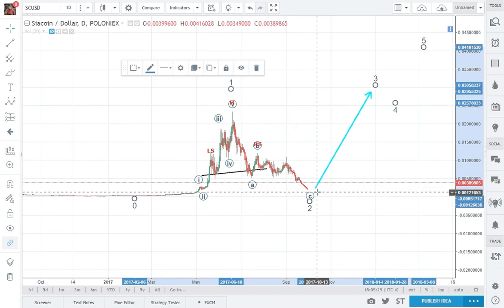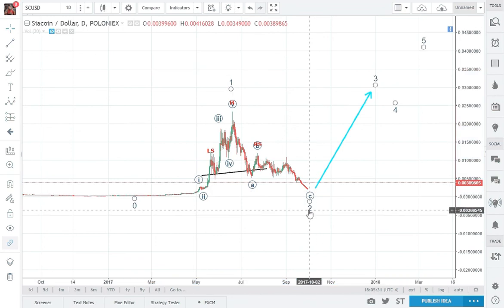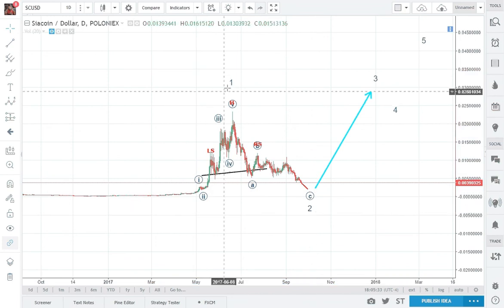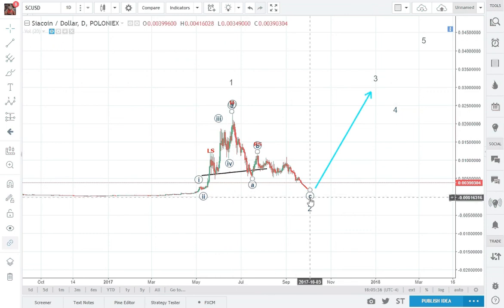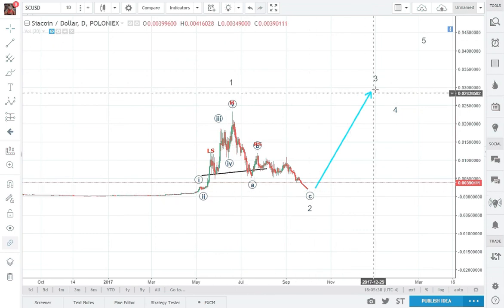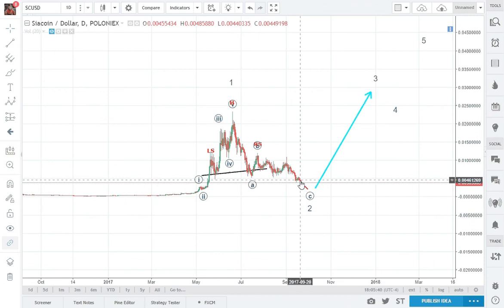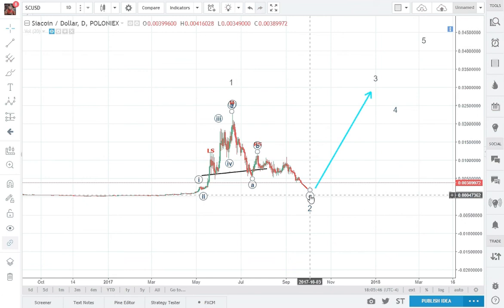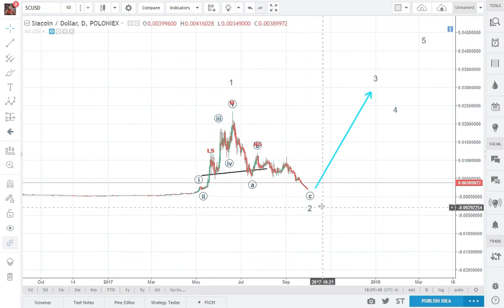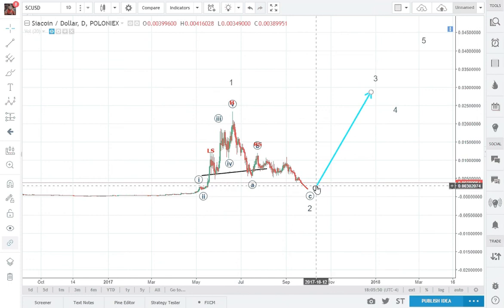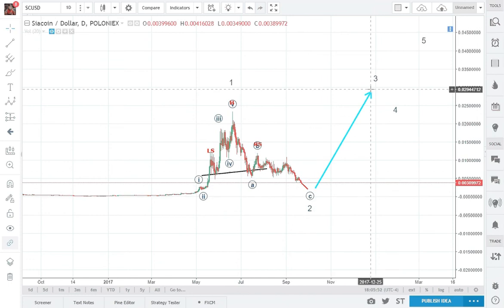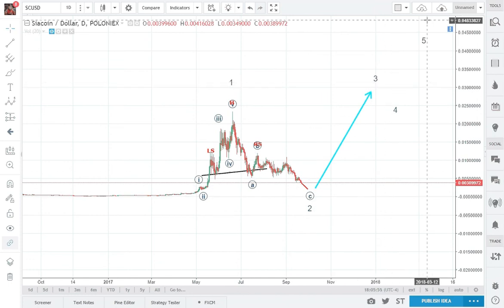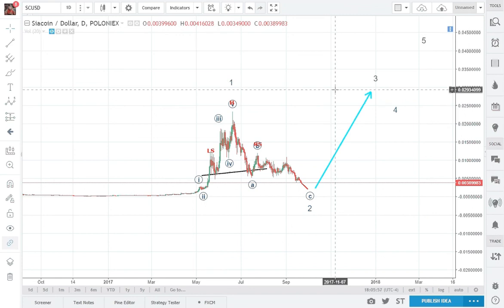This A, B, C are the subwaves of a greater degree wave 2. And after 1, 2, there's a 3. So the further down will most likely coincide with Bitcoin if it decides to turn down. And then the 3 resulting, 4, 5 also, will be in concert with Bitcoin's wave 5.